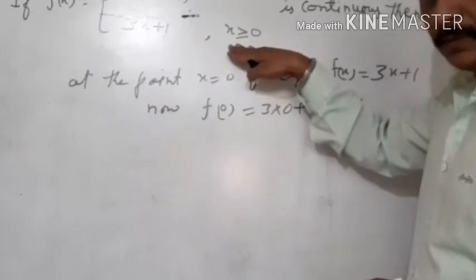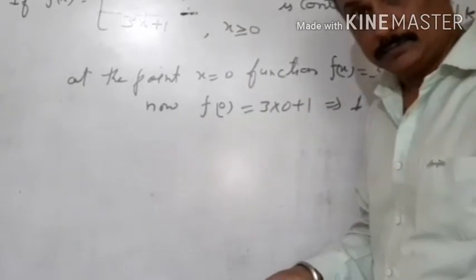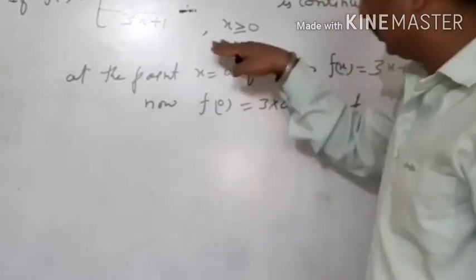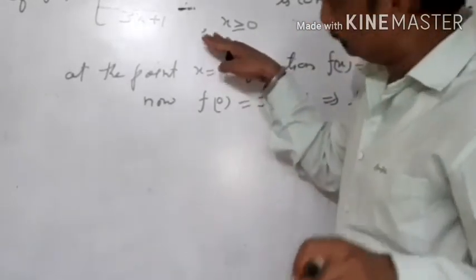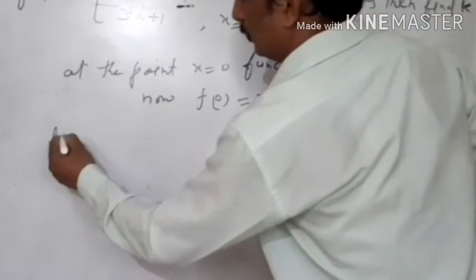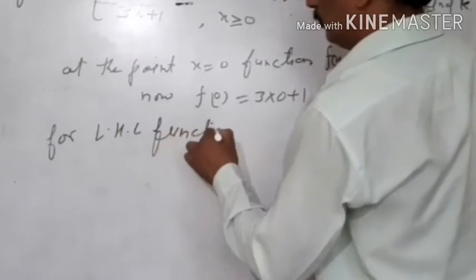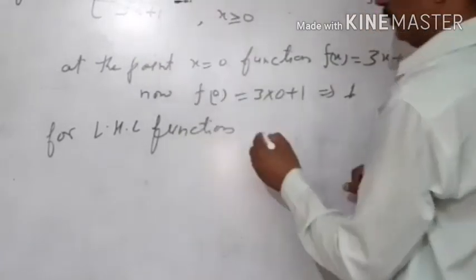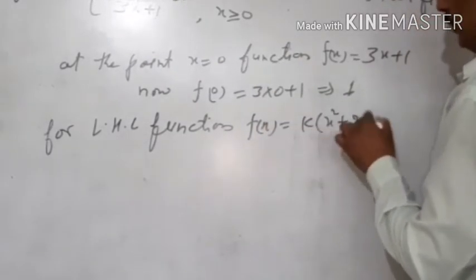Now for RHL we would also take this condition, but for time saving we find LHL first. For LHL, which function do we select? This condition: f(x) is equal to kx square plus 2.